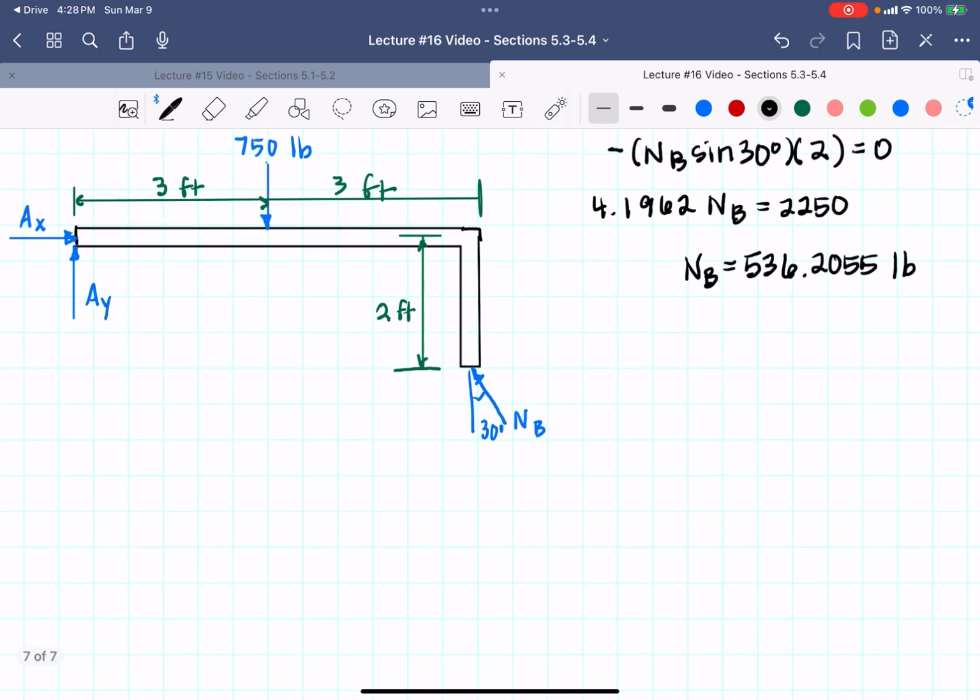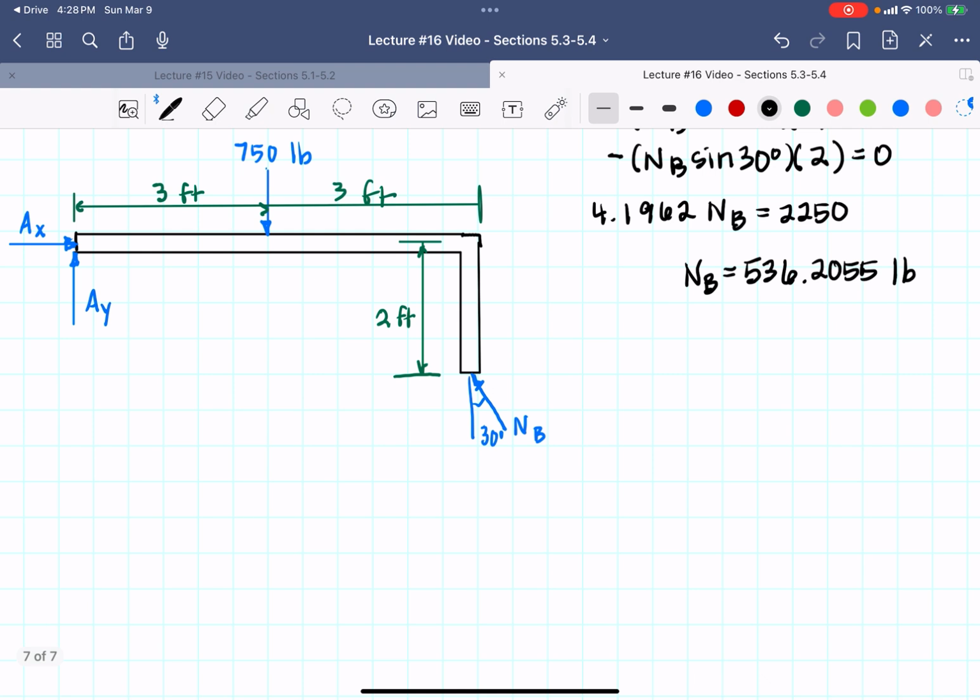So now that I know N of B, I can do the forces in the X or the forces in the Y. I think forces in the X are easier, so I'm going to do that first. So sum of the forces in the X direction equals 0. So we're going to have A of X, and then we're going to have minus the horizontal component of normal force at B. That's it, equals 0.